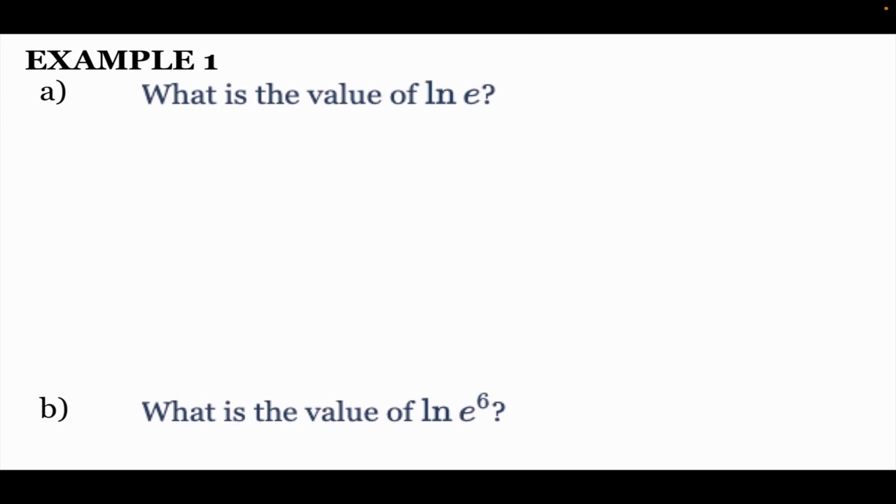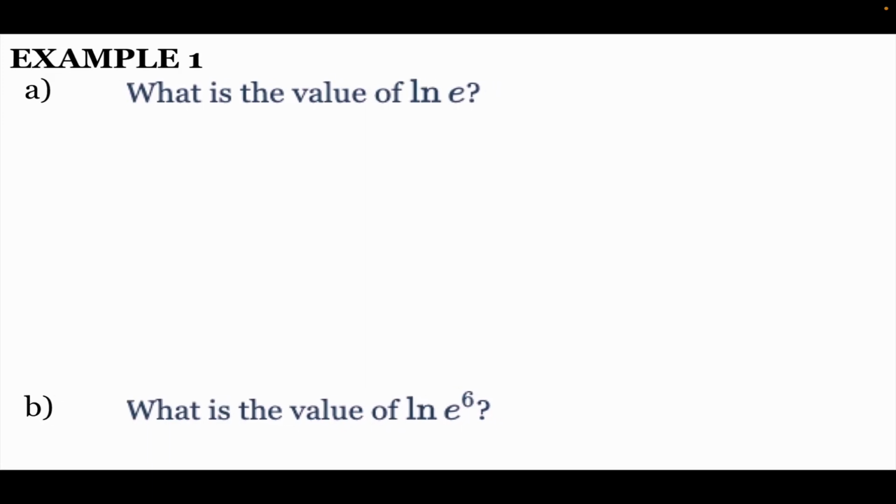So the first thing you're going to do is swap this out for a log with a base of e, because it is a log. It just has a base of e.